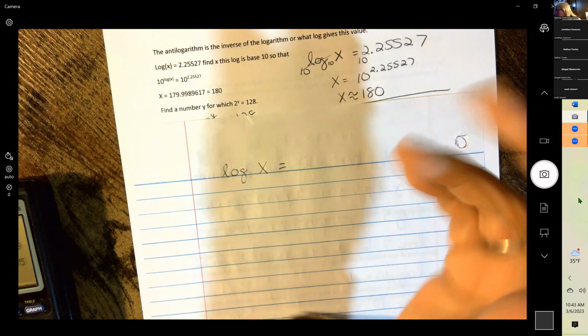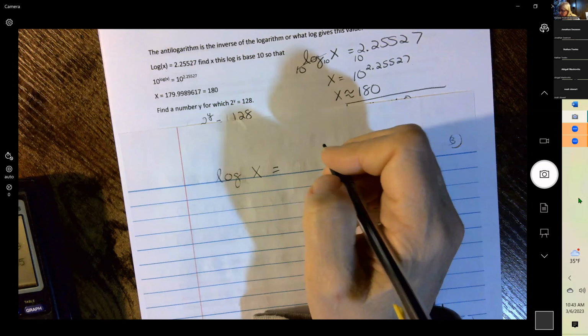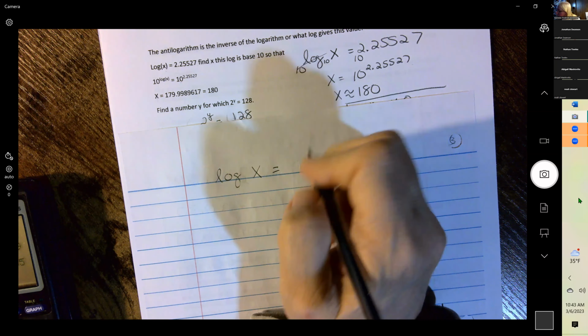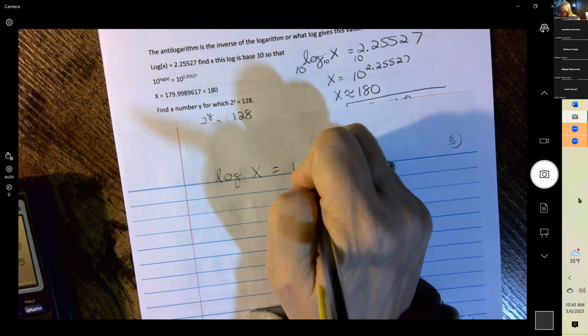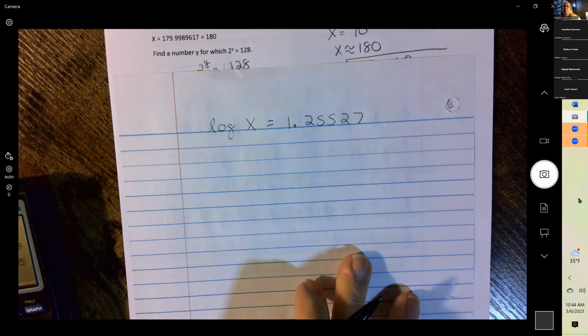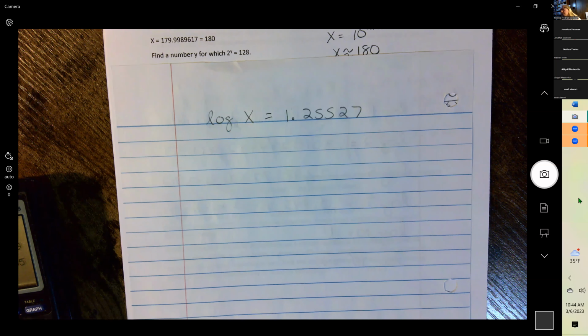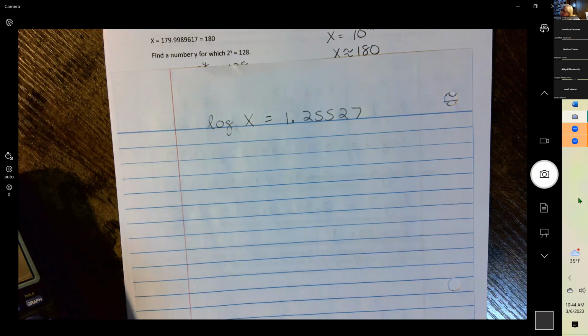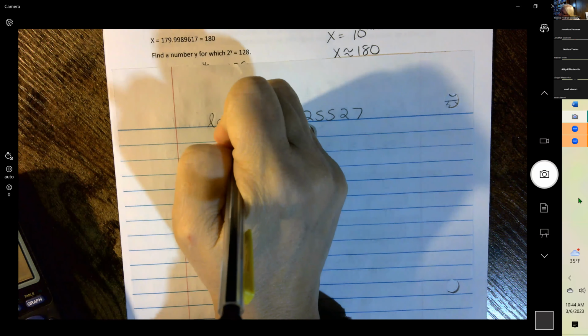We'll stick with a base 10. The log of x equals 1.25527. So the log of what value will give us this? This is a base 10.